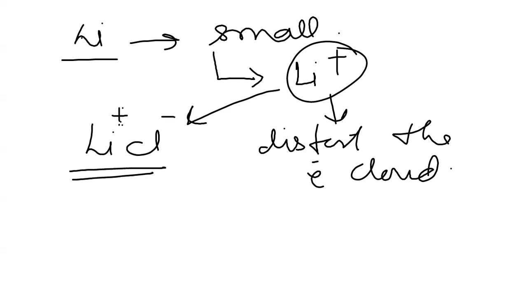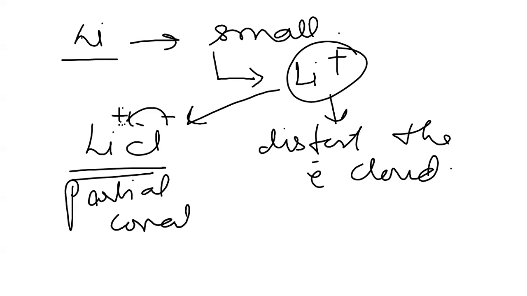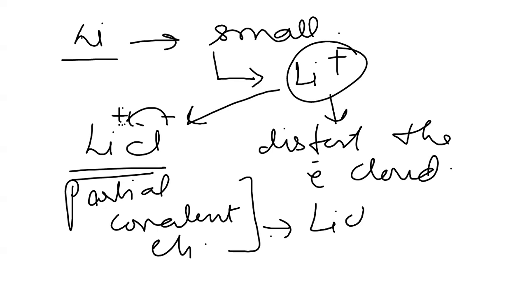So because of its high charge density, it develops a partial covalent character, and this results in partial covalent character of the LiCl bond.